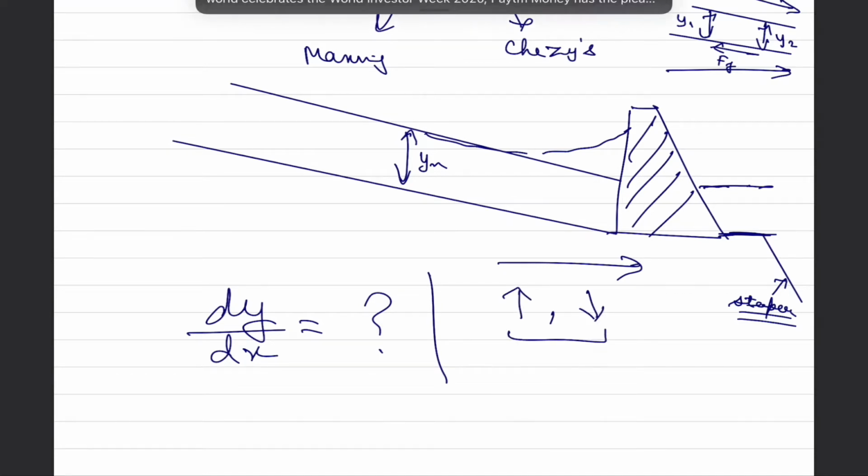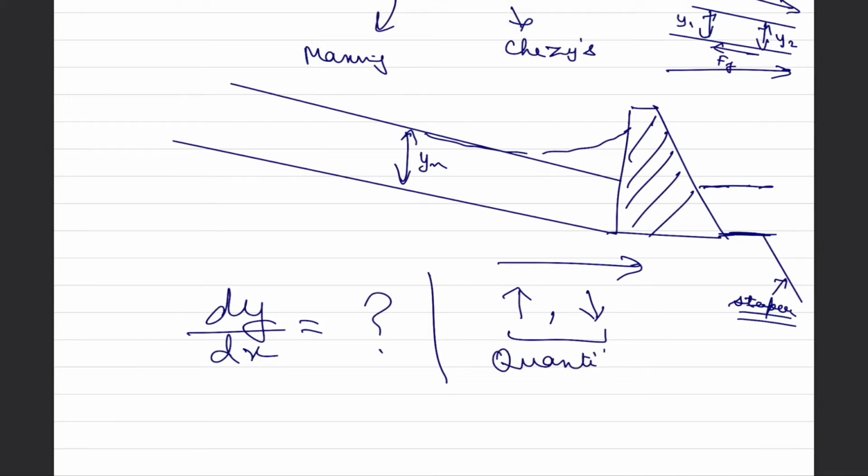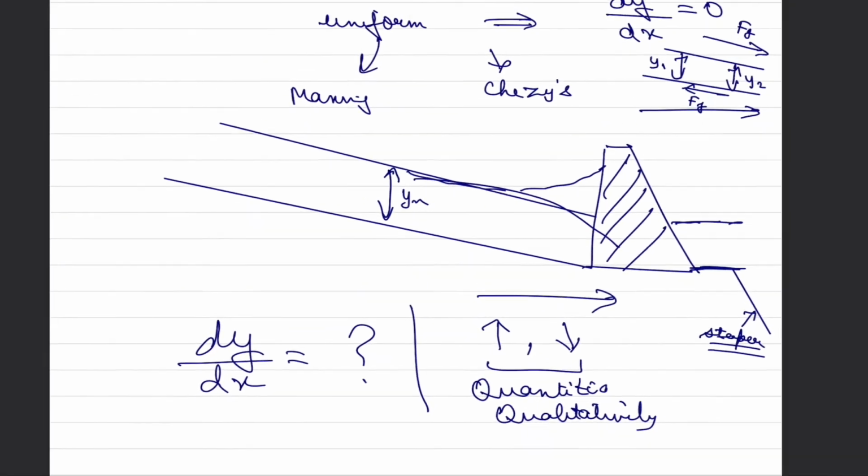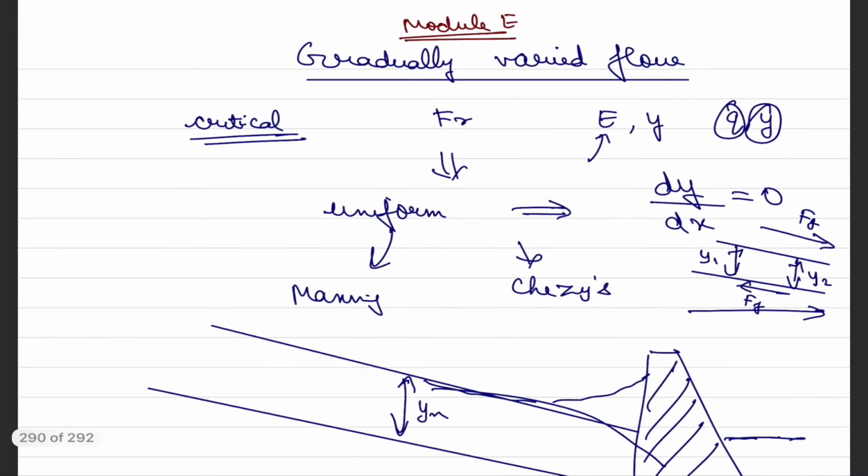We want to do this quantitatively, that is, the magnitude of change in depth, as well as qualitatively, that is, whether water is going to increase or decrease in elevation, whether a hydraulic jump is going to form, and whether gradually varying flow is possible or not. These are the questions that we will try to answer in this module.